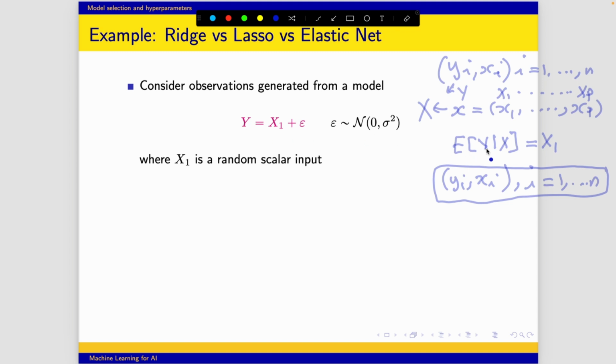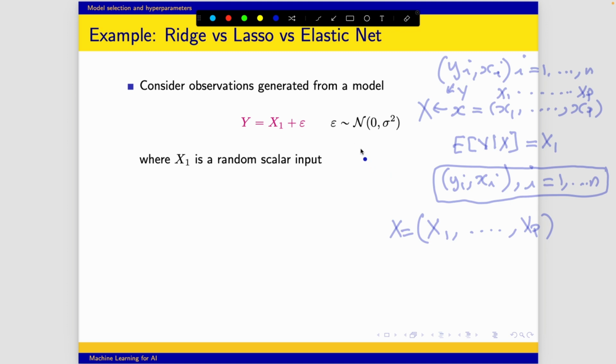So the expected value of y, given our vector x, which is a vector of these random variables, a random vector, is actually just x1, right? Because the expected value of the noise is going to be 0.